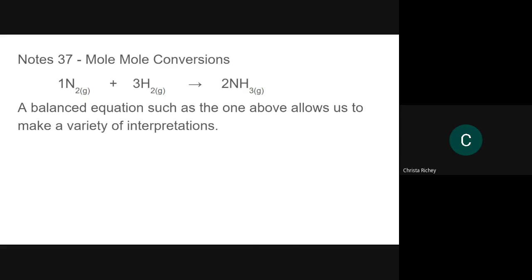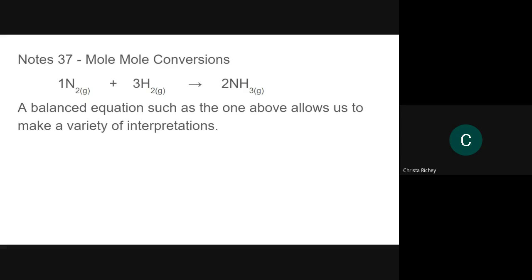We are going to do mole to mole conversions. This is the magic switch from one compound to another from a balanced equation. This is the part that most of my students, and I cut my teeth on chemistry, are like, I'm stuck. I don't know where else to go.